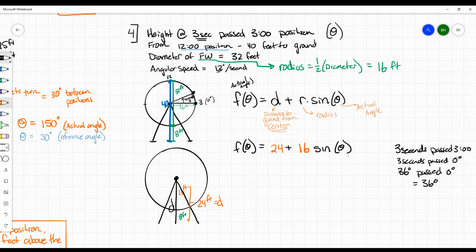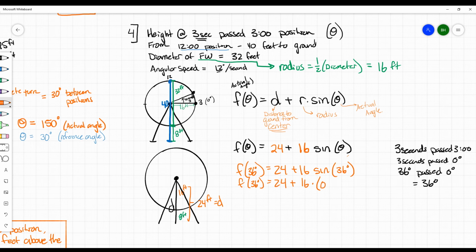Then we can start plugging in all of our values. We have f of 36 degrees equals 24 plus 16 sine of 36 degrees. Using this information, it's a lot easier for us to simplify the problem to get a solution. So f of 36 degrees equals 24 plus 16 multiplied with, always put the set of parentheses there, sine of 36 degrees.